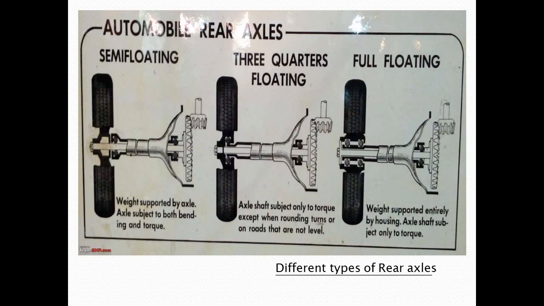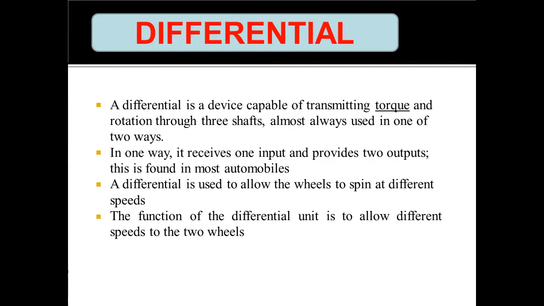Coming to the differential. A differential is a device capable of transmitting torque and rotation through three shafts, almost always used in one of two ways. In one way, it receives one input and provides two outputs. It is found in most automobiles.